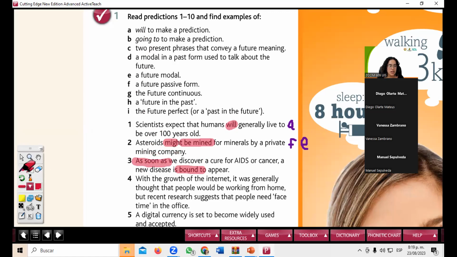This is letter C. As soon as we discover a cure for AIDS, a new disease is bound to appear. Two present phrases to give a future meaning. Very good. Thank you, Vanessa. All right. Another student. Let's go in order. So continue, Manuela, for number 4.